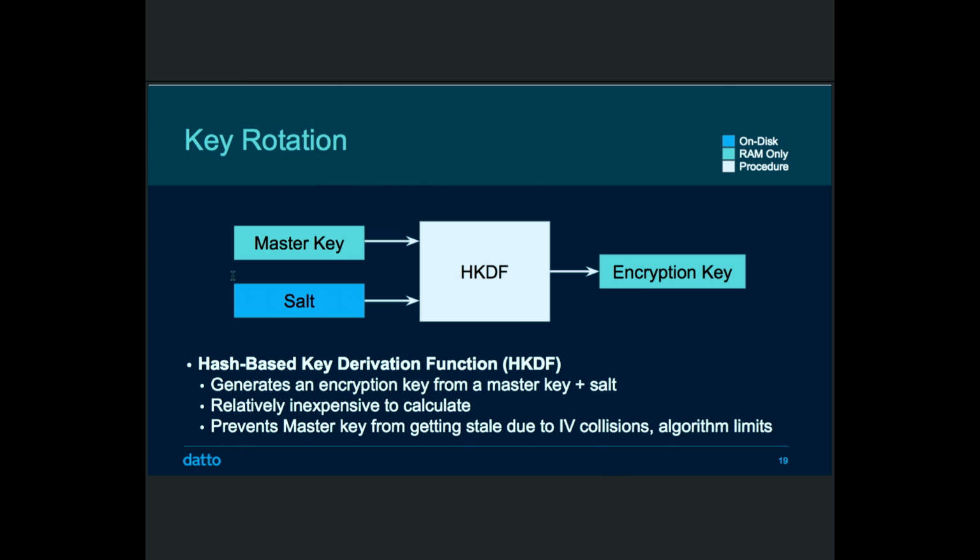We can generate a new salt every once in a while. And what that'll enable us to do is give us basically a fresh IV space, and we don't need to worry about colliding with previous IVs that we might have had before. This is relatively quick to calculate, and like I said, the whole point of it is to prevent the master key from going stale because we're running out of IVs that we can use.